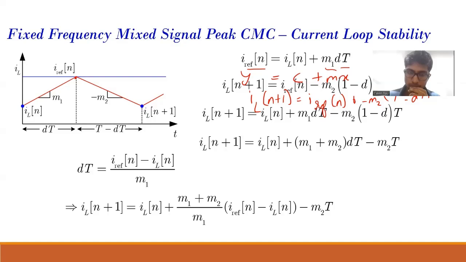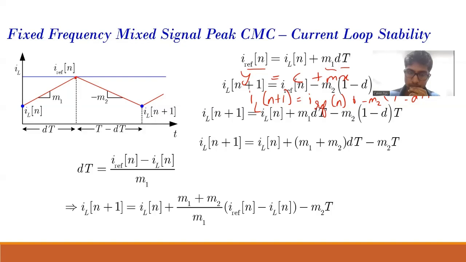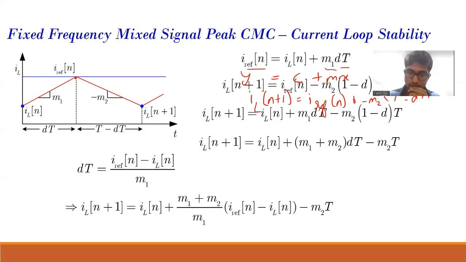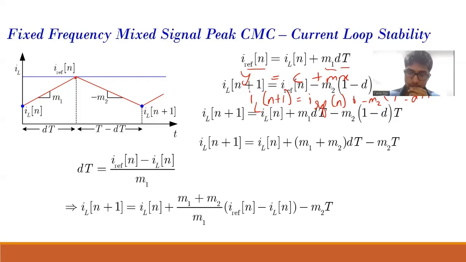So V input minus V output is less than V output. So V input is less than 2 V output. And so half is less than V output upon V in, which is my duty ratio. Okay, sir. Yeah. So this is how we get duty ratio should be less than 0.5.